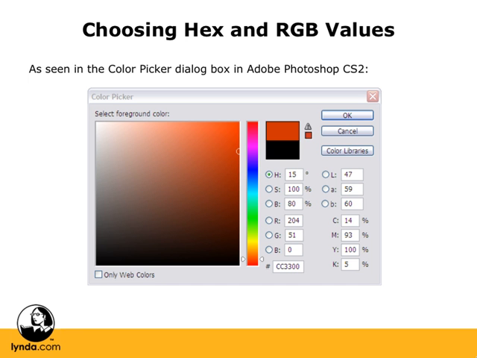Those are decimal RGB numbers. So this particular shade of orangish red, CC3300, or 204, 51, 0, those are two different ways of expressing exactly the same color. Now, the other stuff here, you see the HSB, the LAB, the CMYK. Those are things that Photoshop lets you do. You can't specify CSS colors using HSB, LAB, or CMYK notation. At least not yet. Maybe one day, but not right now.